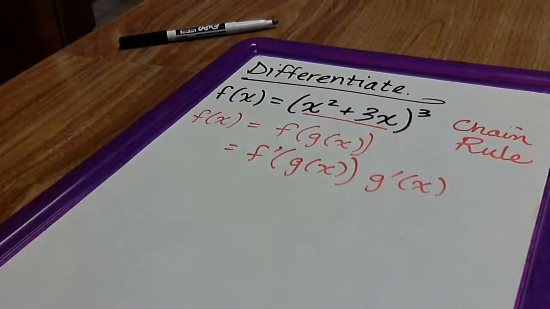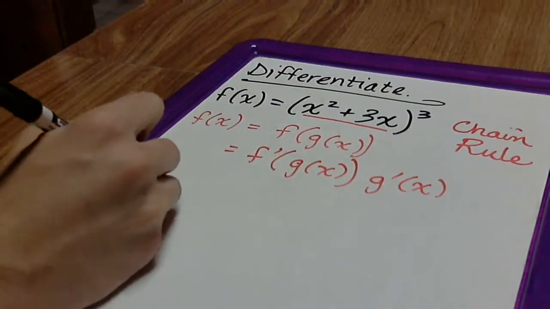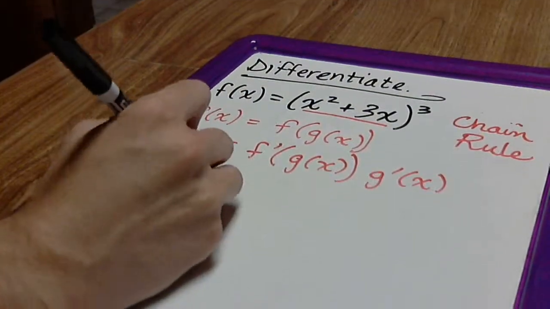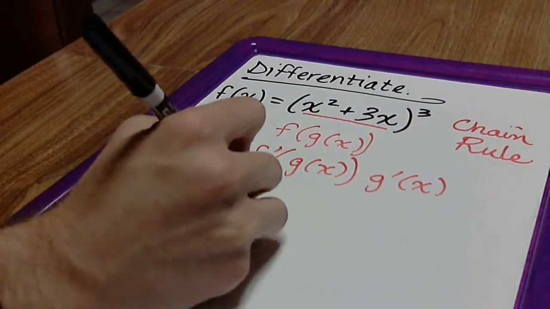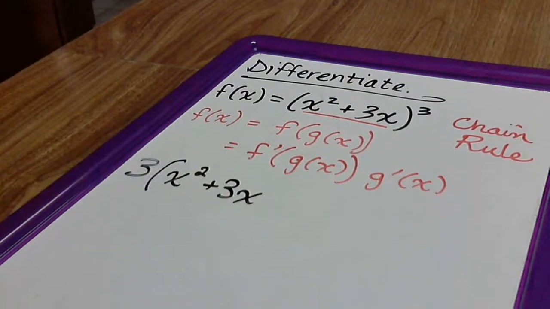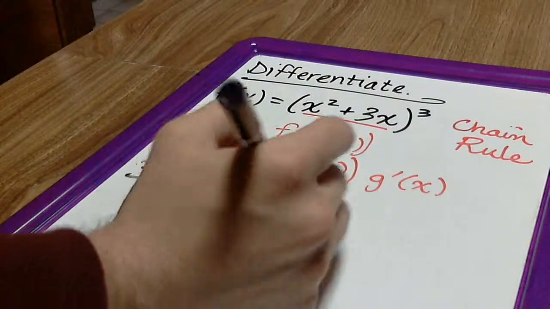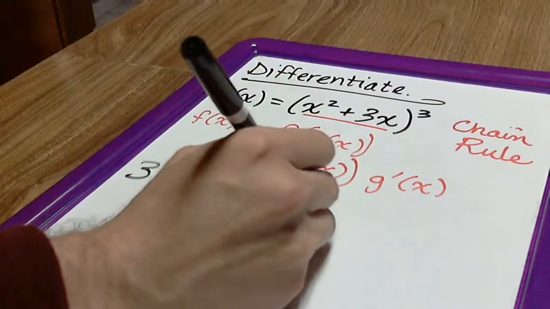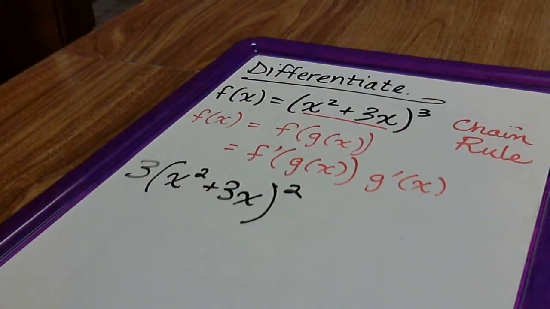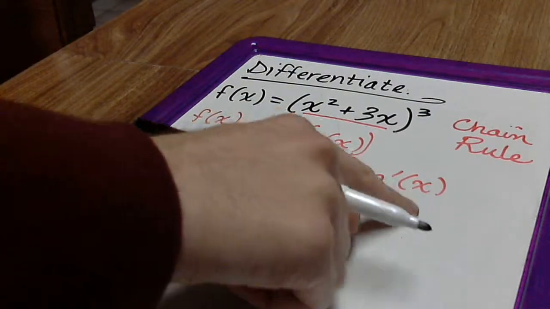So, 3 times x squared plus 3x, all to the power of 2. So, x squared plus 3x, that's our something. And then we're going to take the derivative of that. We brought the 3 out front, we subtract 1 from it to make it a 2, and then we have to take the derivative of what's inside.